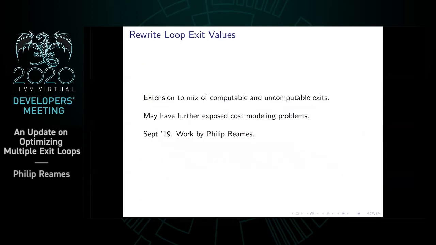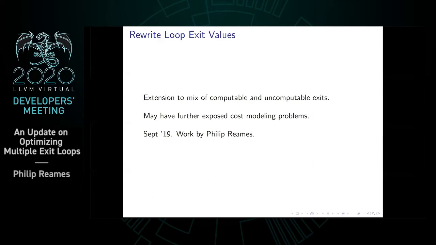The main work here was not actually adding support for multi-exit loops at all. It was the fact that we had not handled the case where we had a mix of exiting blocks, some of which were computable and some of which were uncomputable or variant.